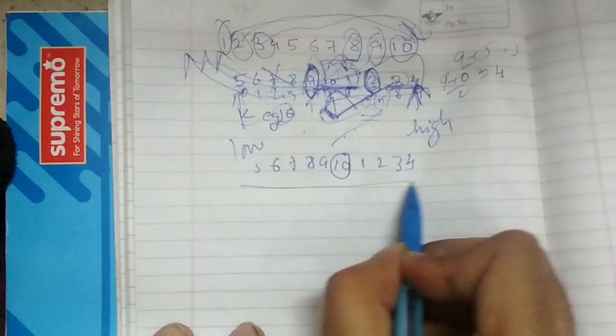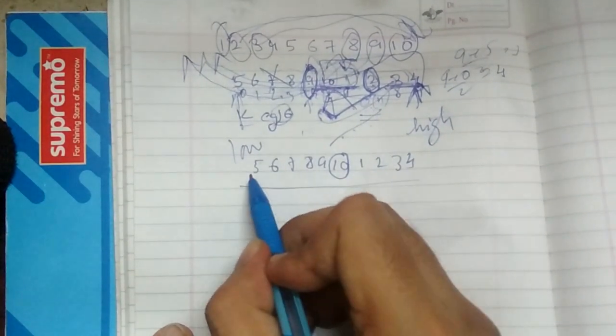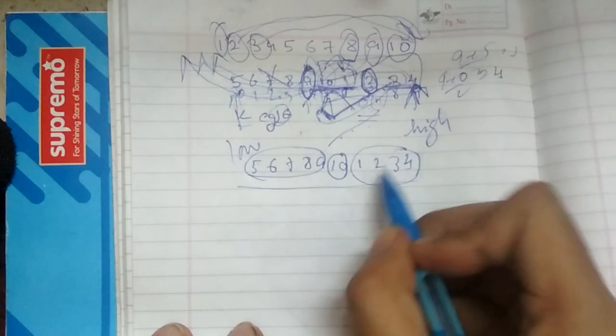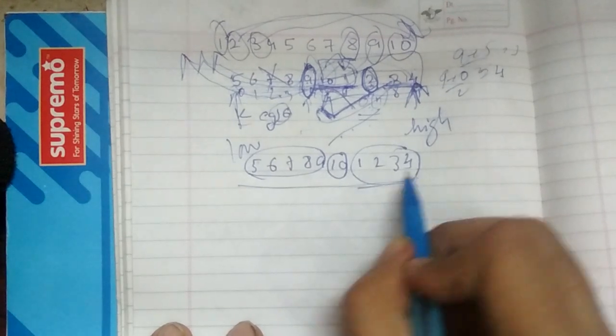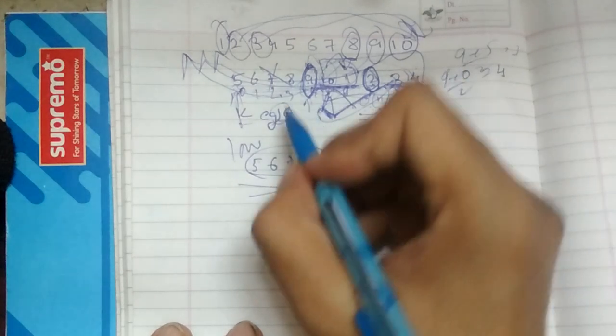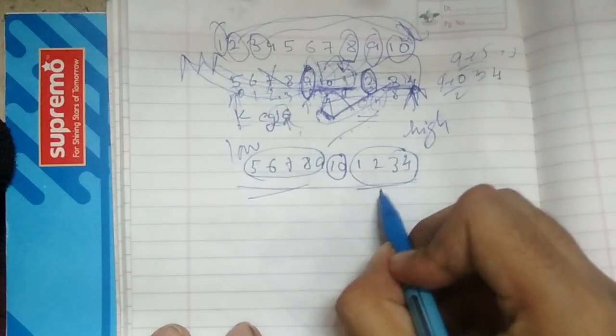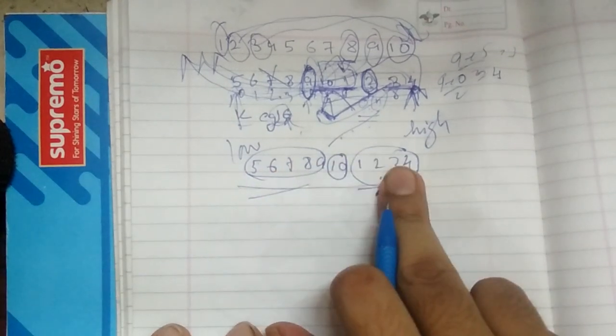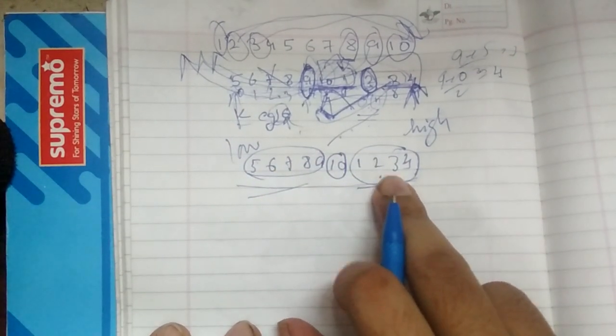After we have found a pivot element, we divide this whole array into two sub-arrays around this pivot element. One is this, one is this. This is always increasing and this is also always increasing. Now we check in which range the element lies. Does it lie in this range? If it lies in this range, then we will reject this half and our new search space will be this half.